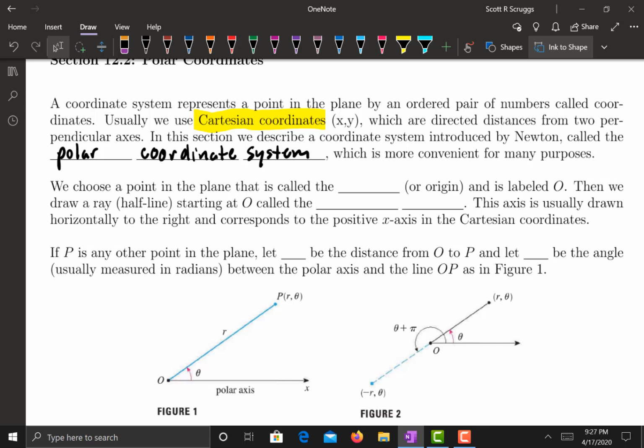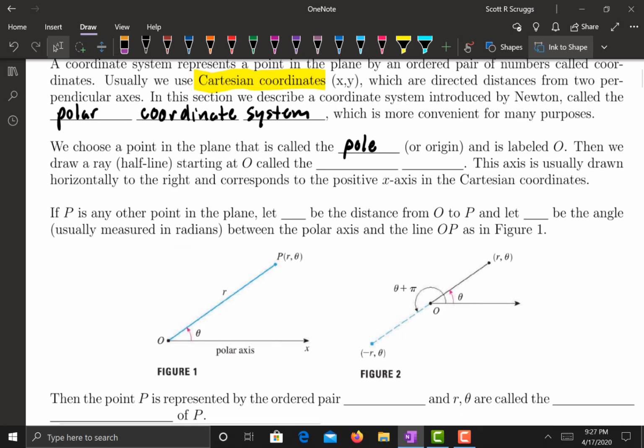In the polar coordinate system, the origin that I'm going to use is typically referred to as the pole. And for most of these examples, you'll see O to label the origin or the pole. So in this section, I'll use pole and the origin interchangeably.